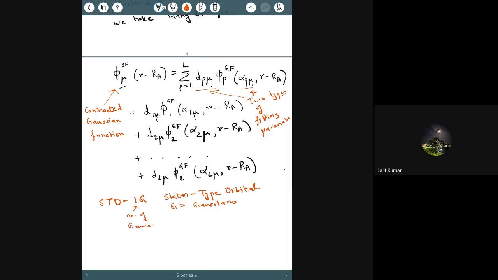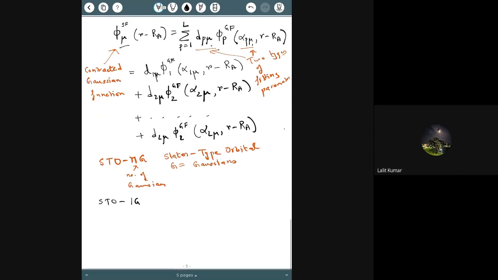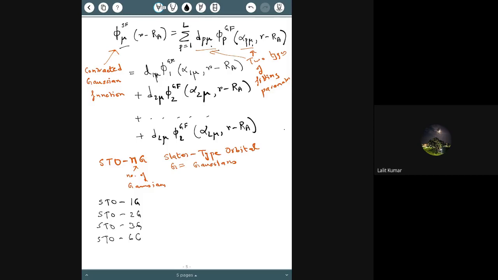So let's say I call this N, then it's STONG. And the most common ones that you will see in the lists in packages are STO1G, STO2G, STO3G, and STO6G. This is quite rare. This is good enough. And this is very bad.